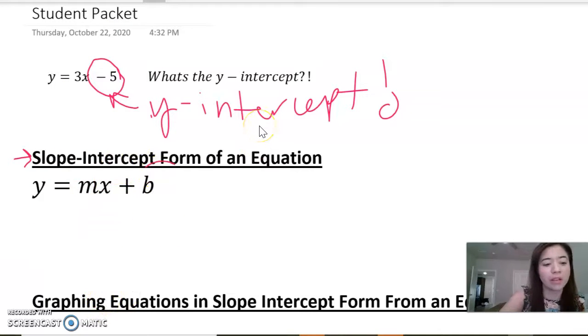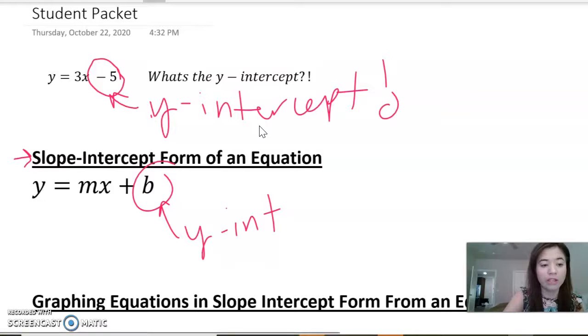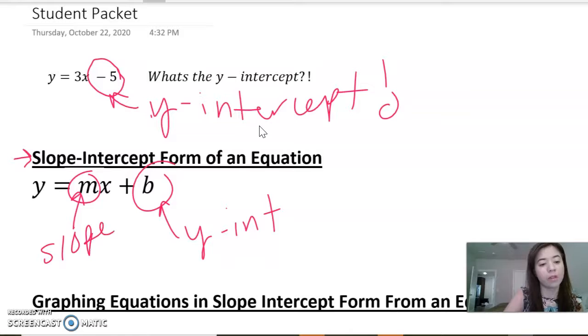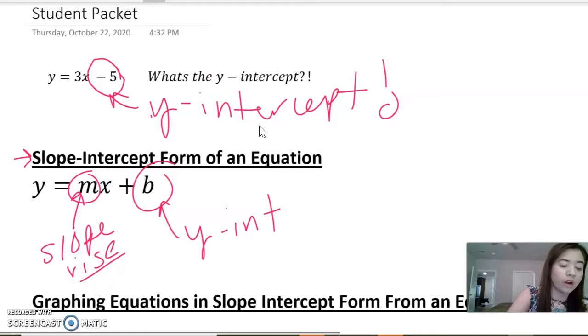B. So B is our y-intercept, or our initial value, and M represents our slope. So our rise over run, or our y2 minus y1, x2 minus x1, however you want to think about it.